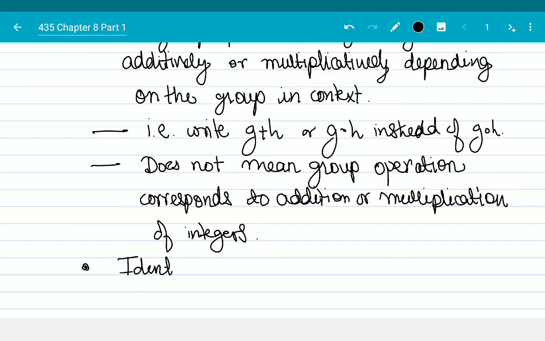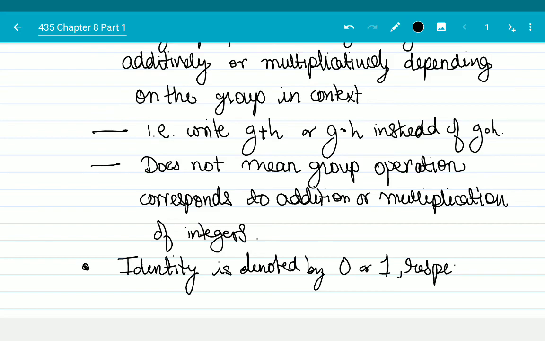Identity is denoted by 0 or 1 respectively.